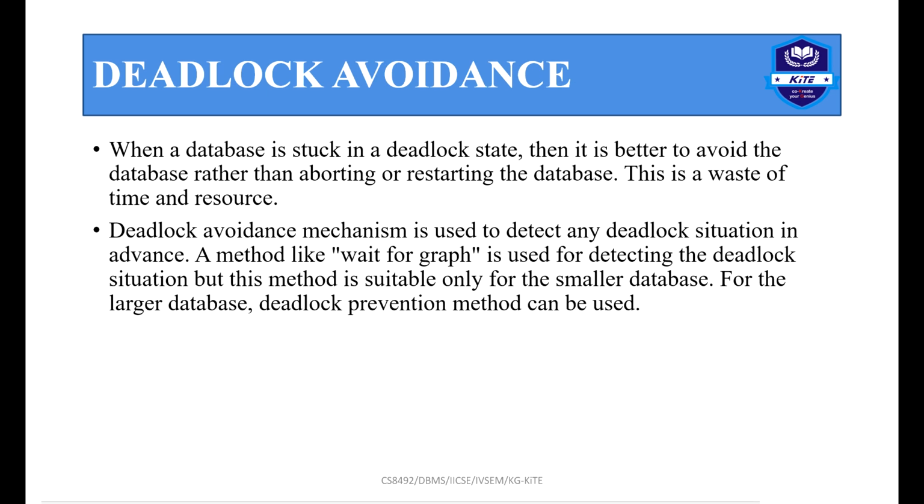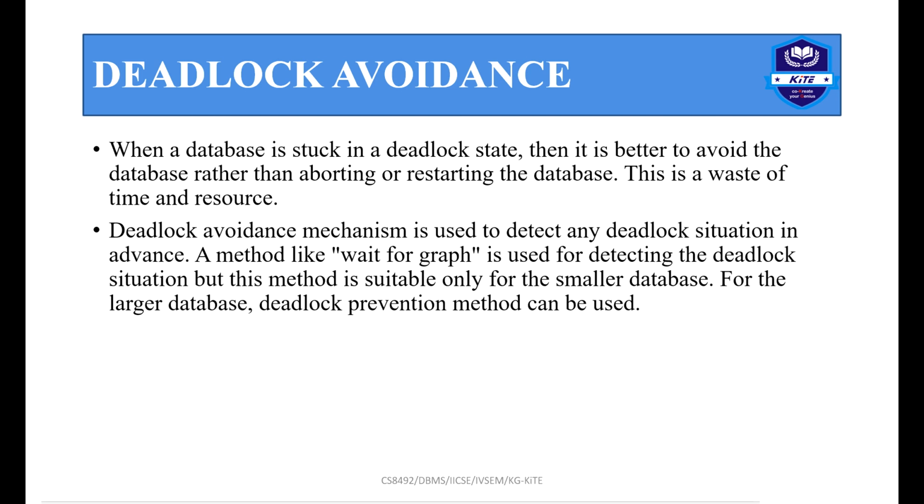The next one is deadlock avoidance. When a database is stuck in a deadlock state, it is better to avoid the deadlock rather than aborting or restarting the database. Because when a transaction is executed and a deadlock occurs, the possibilities are aborting or restarting. But doing these two is a waste of time and resources.